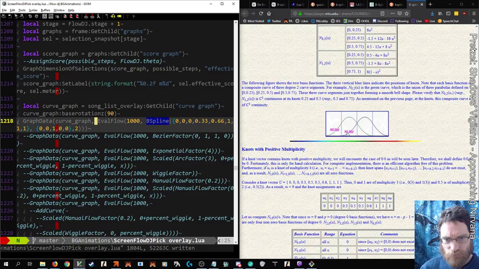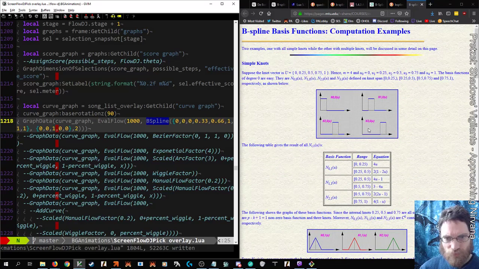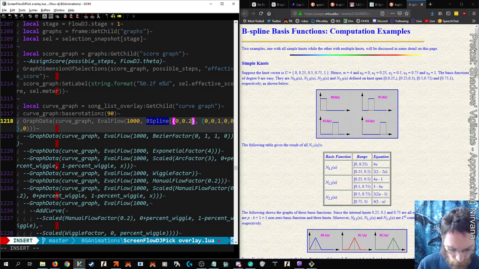0, 2, 1, 2. These are basis functions, so at degree 0, if we do 0, 0.25, 0.75, oh no, 0.5.